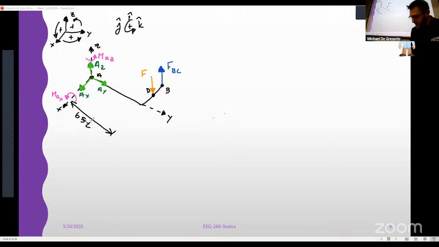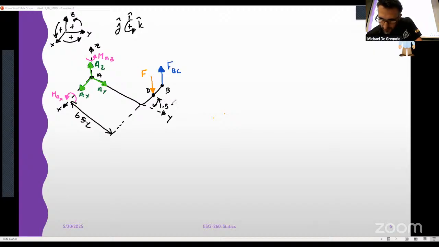That's 6. So from the corner over to A, that's 6 feet. This is 1.5 feet here to here. And from D to B is also 1.5 feet. Okay. And there we have it, a complete free body diagram, right?